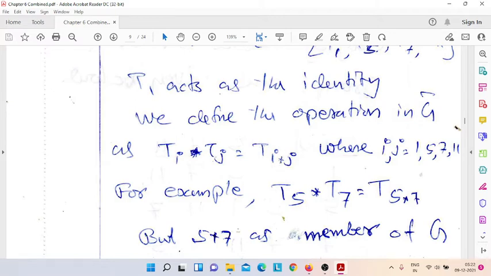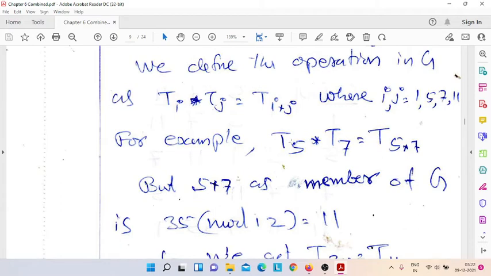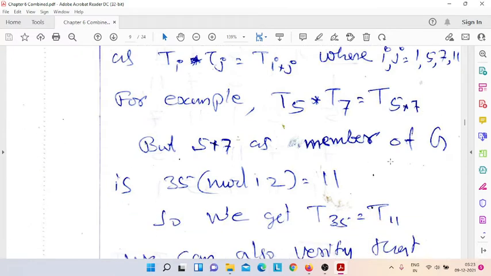Here i star j is the operation which is defined on the first group, but this is the operation that we are going to define in the second group G bar, where i and j can take any of the values 1, 5, 7, or 11. For example, T5 star T7 is equal to T of 5 into 7. What is 5 into 7?